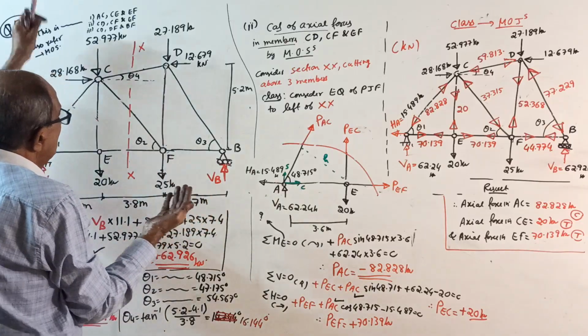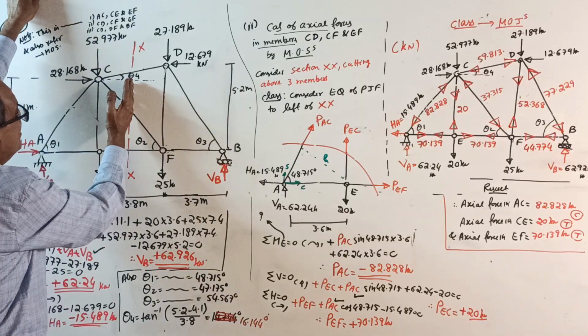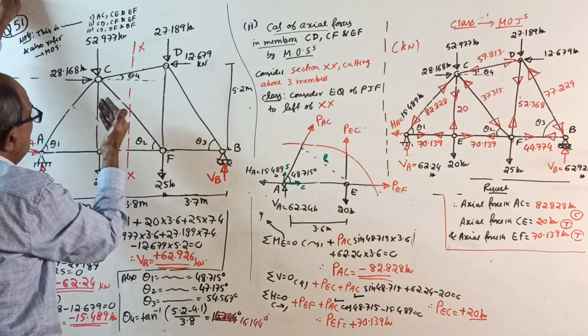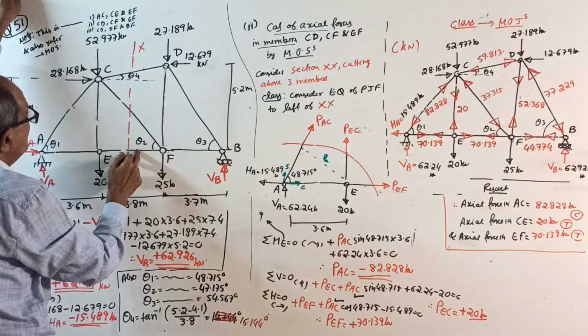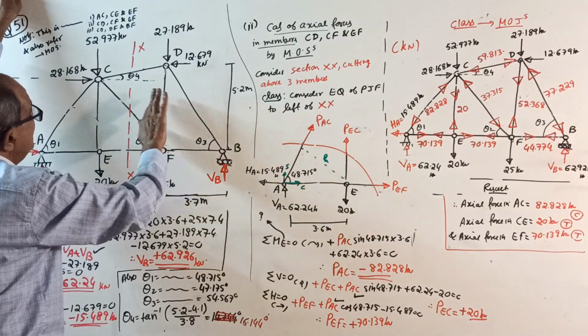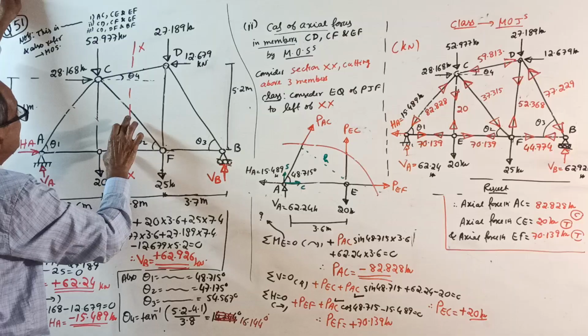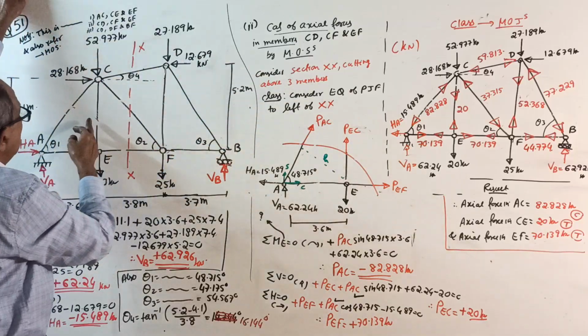Any side will do. I think right side is better. I look left side only, okay. Not left side. If I look right side, what will happen? Right side is better compared to left side.